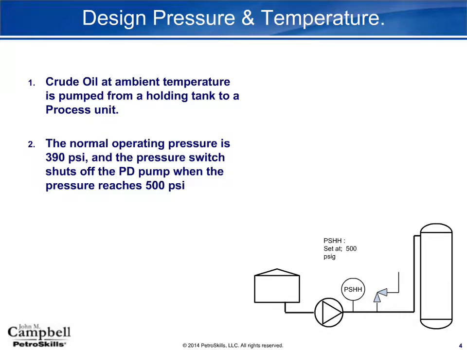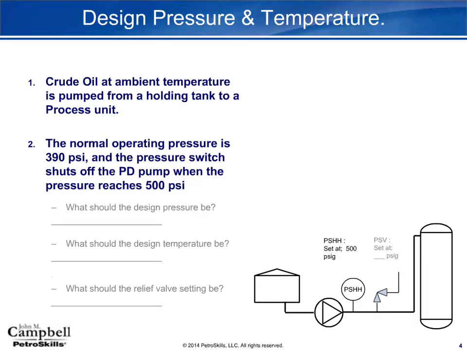So then the question would be, well, what is the system design pressure and temperature, and how should I set up my relief system in this process? Well, this is fairly straightforward. Generally, industry takes the rule of about 10% overpressure from MOP, and I would set my maximum design pressure at 550 pounds.